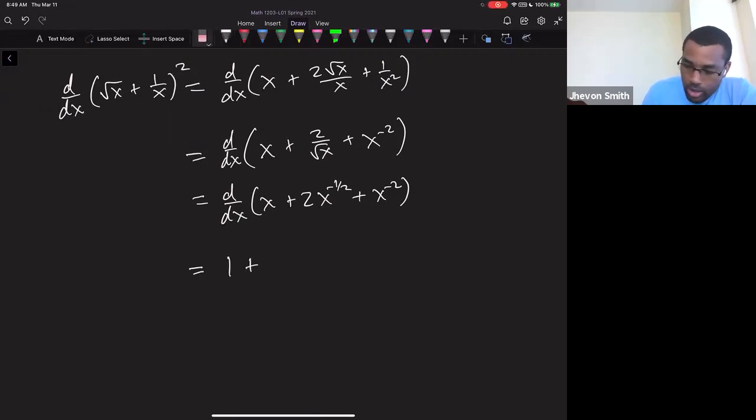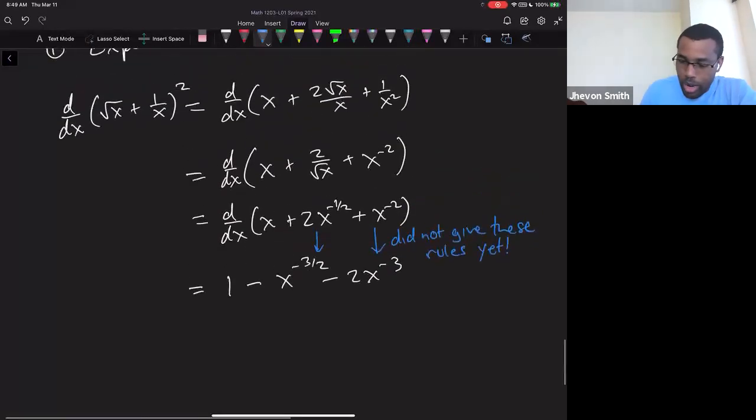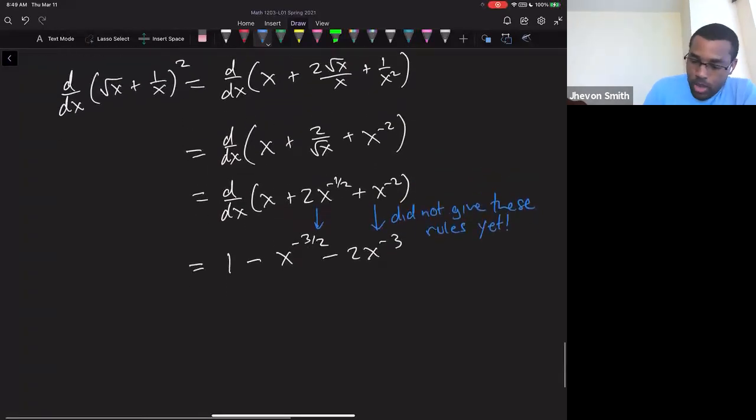The derivative of this, it turns out, is going to be minus x to the minus 3 over 2 minus 2x to the minus 3. I did not give you these rules yet. I'm going to give you these later today, like how you would go about actually doing that.